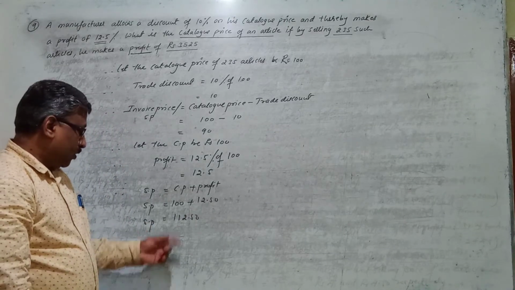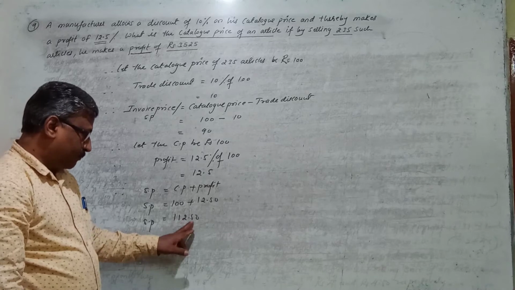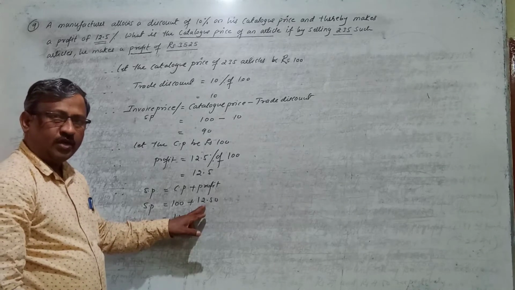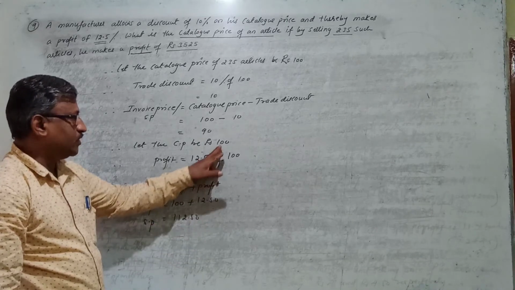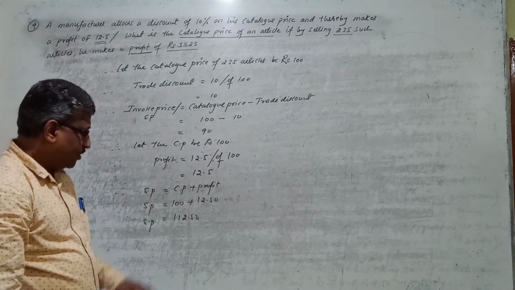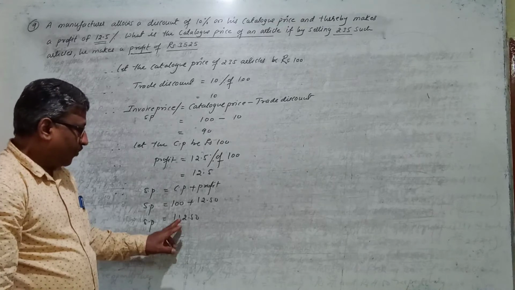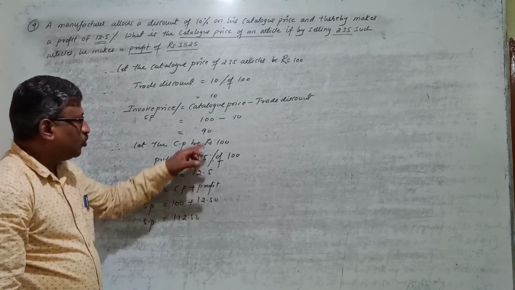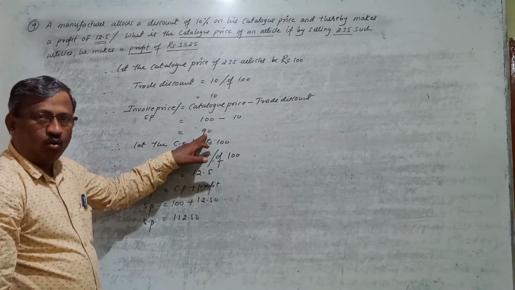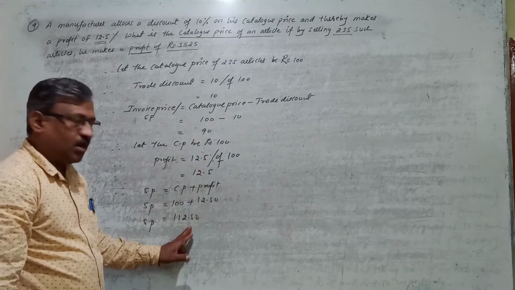So when you sell for 112 rupees 50 paise, naturally you will gain 12 rupees 50 paise profit, which is 12.5% of your cost price. Means this selling price includes a profit of 12 rupees 50 paise.